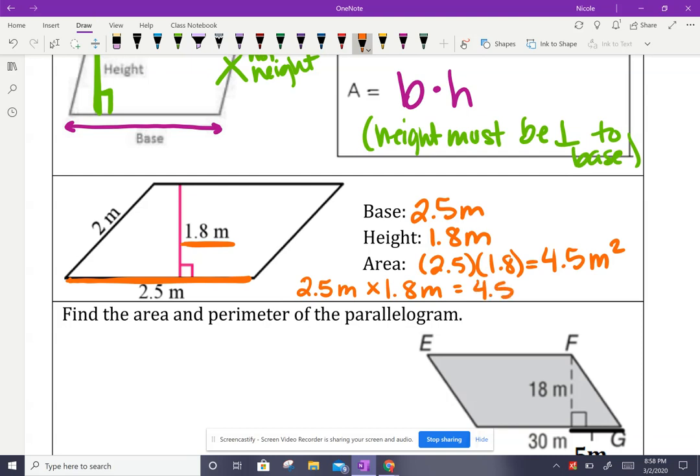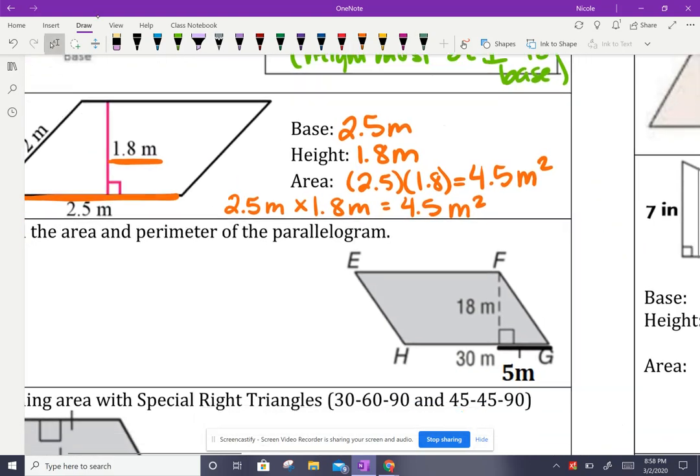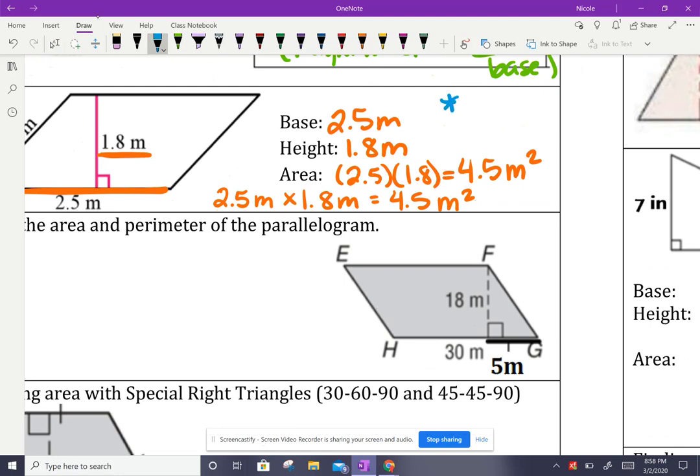And then meter times meter is just like saying x times x, which would be meters squared. So keep that in mind, please. You must square your unit of measure. So let's look at another one.